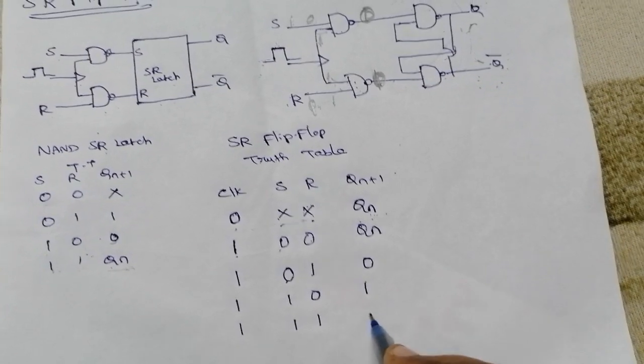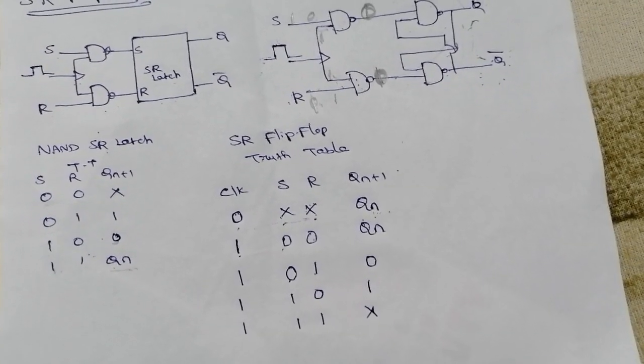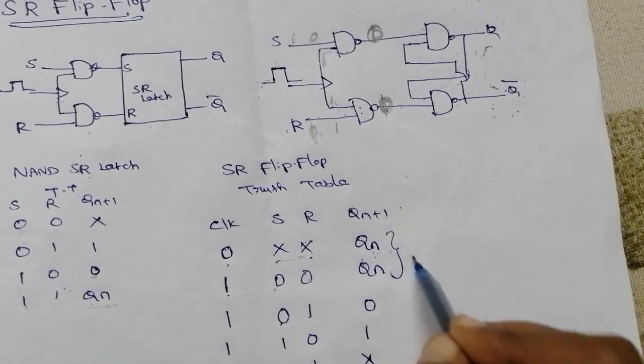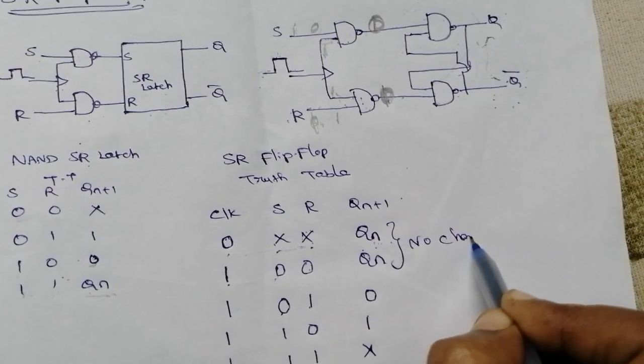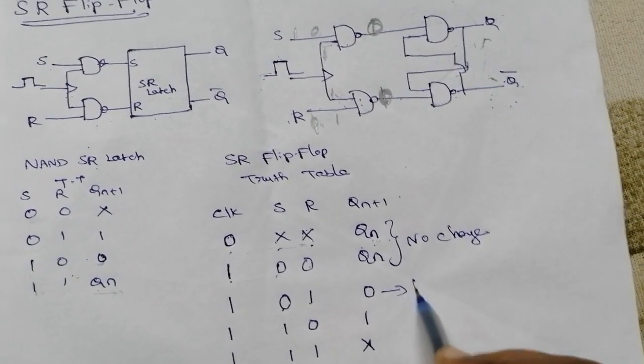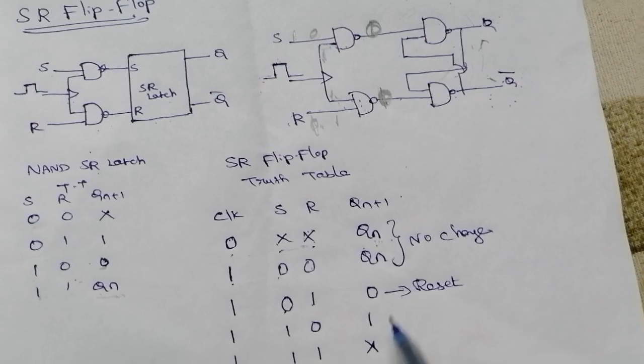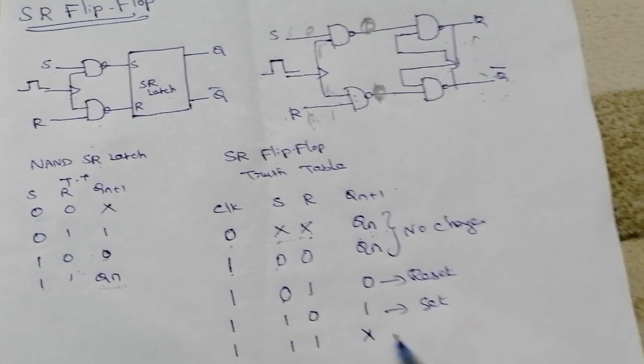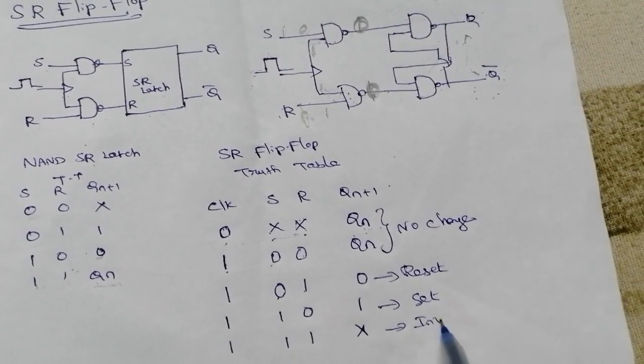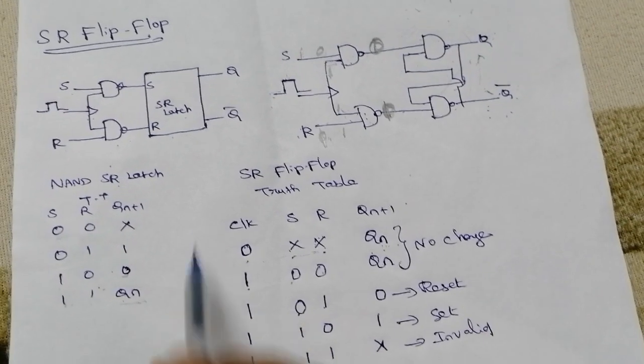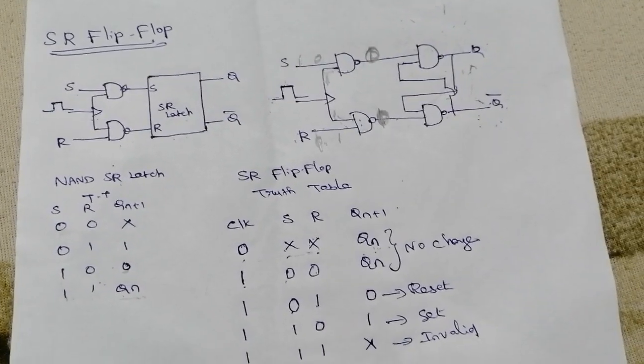So here the next state will be the invalid state. So these first two cases are no change, this one is a reset state, this one is a set state, and this one is an invalid state, right? So now this is the truth table of the SR flip-flop.